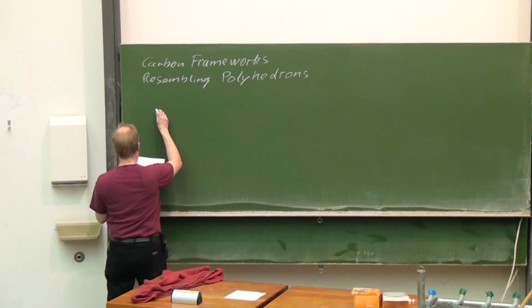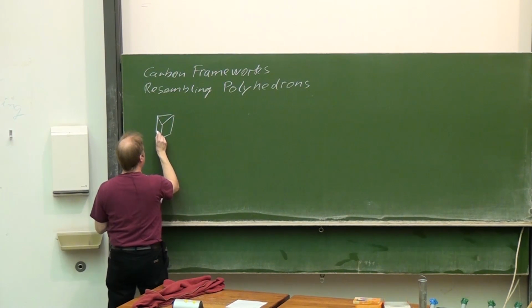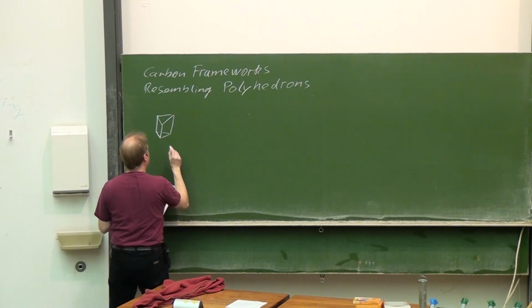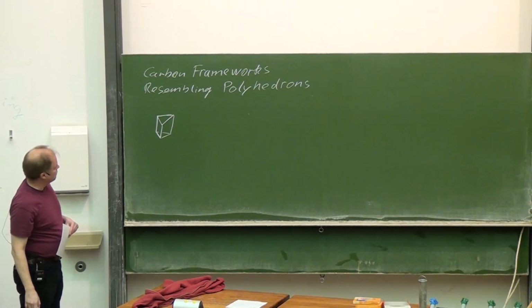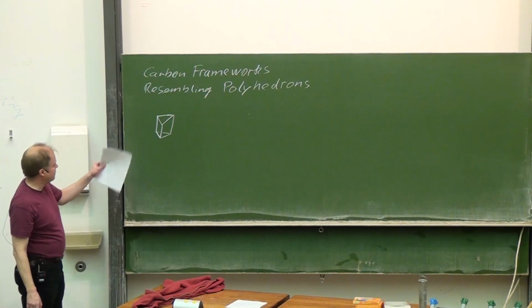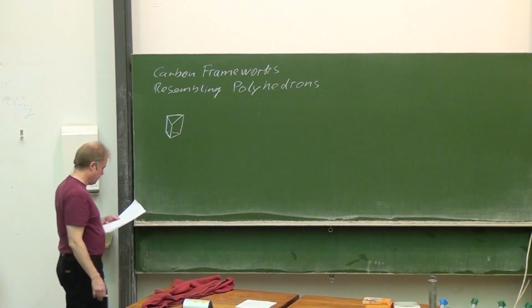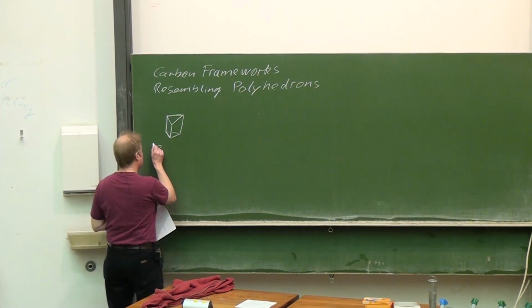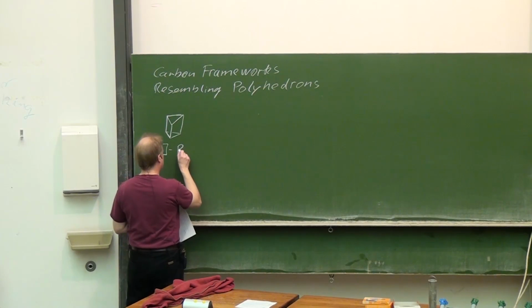So, a prism, how does that look like? So, this is a drawing of a prism, and if this is meant as the structure of a hydrocarbon, then this is prismane, and especially this is the 3-prismane.